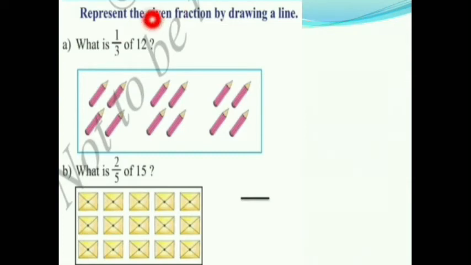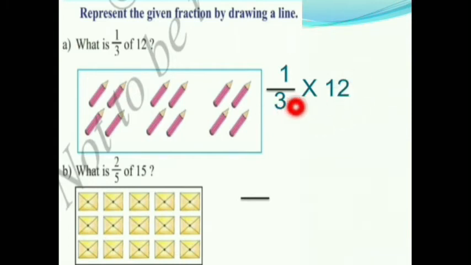Children, now we should represent the given fraction by drawing lines. The first question is 1 by 3 of 12. Here we have 12 pencils. The fraction should be written as 1 by 3 into 12. Children, see here. 3 and 12 come in the same table. Which table?